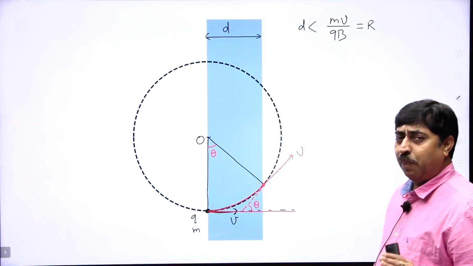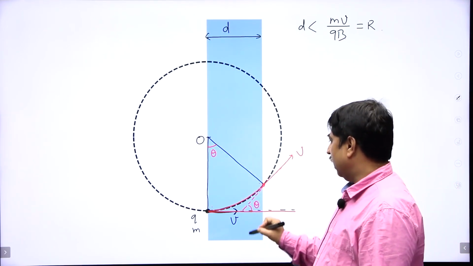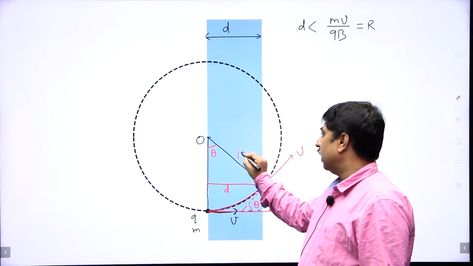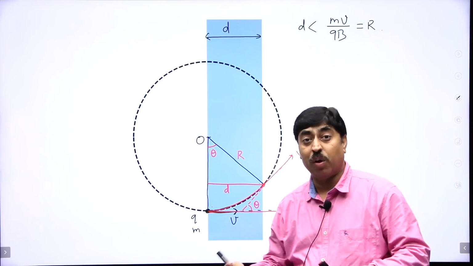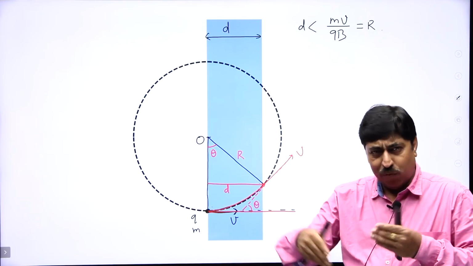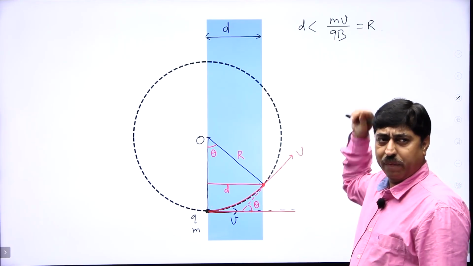So by what angle has the particle got deviated? The answer is this angle theta, and it is very easy to write, because this width is d and this is the radius of the circular path taken by the particle. Though the particle has only moved on a part of the circle, okay, this is the radius which is given by mv by qB.